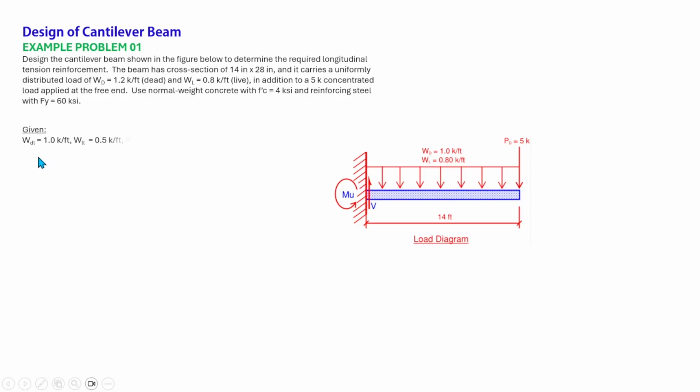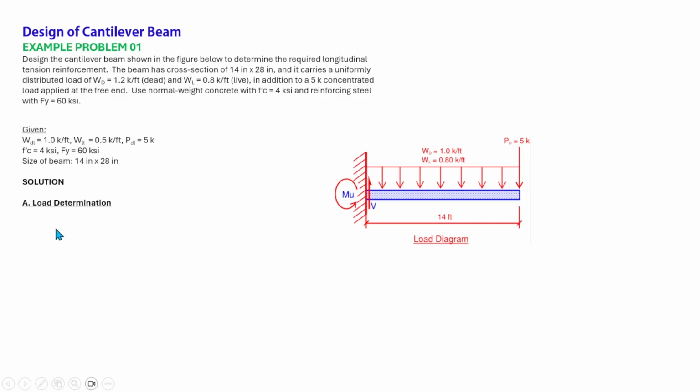We are given all the parameters: dead load, live load, f'c, fy, and the beam size of 14 inches by 28 inches. So let's get started with our solution and break it down step by step.